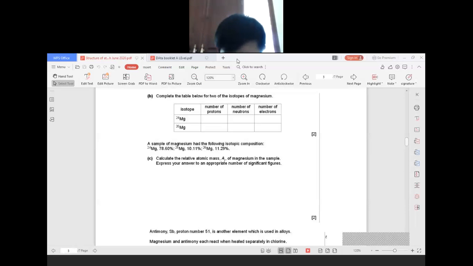For magnesium 26, the protons and electrons are 12 and the neutrons are 14. Yes, protons and electrons are 12. Correct. Okay, for question C, it is the same as T-cell's answer.